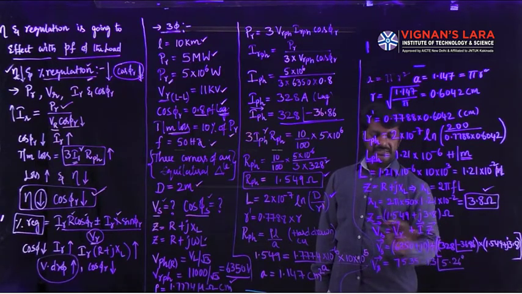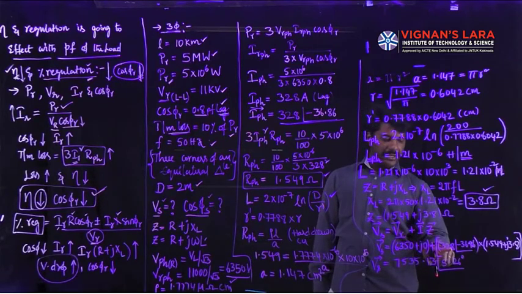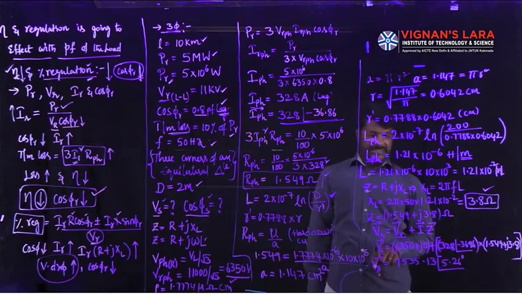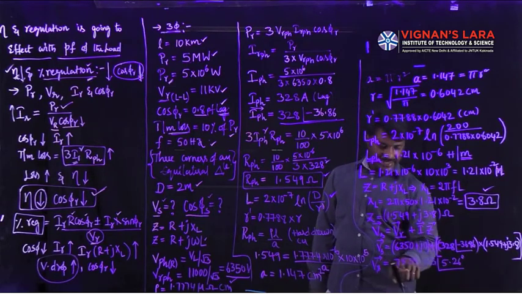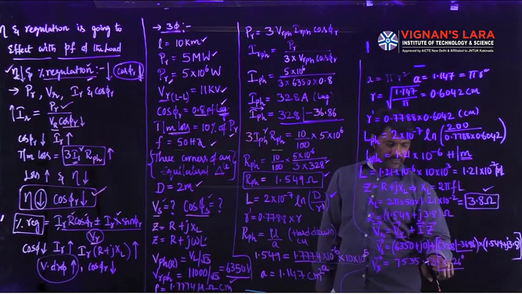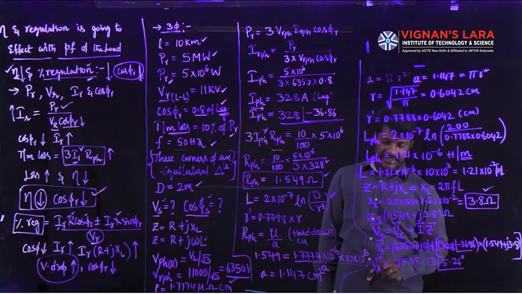With this reference, the current is a lagging quantity by an angle of 36.86. With the same reference VR, the Vs is a leading quantity with an angle of 5.26. How do we know that it is leading? Because we got a positive value in the simplification. Plus indicates leading, minus indicates lagging.